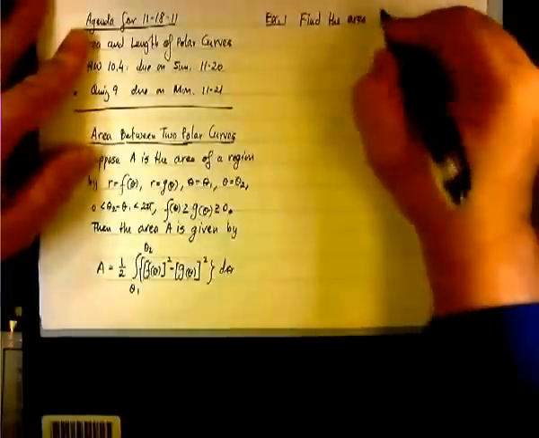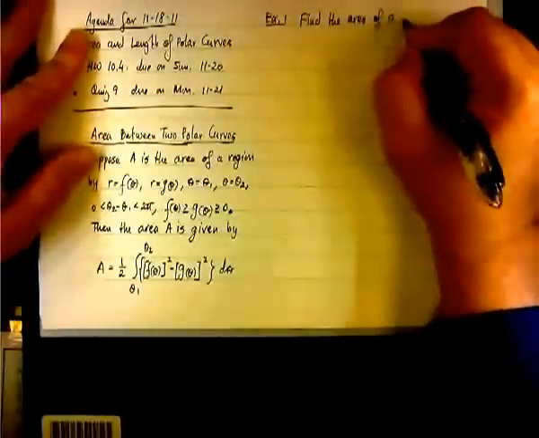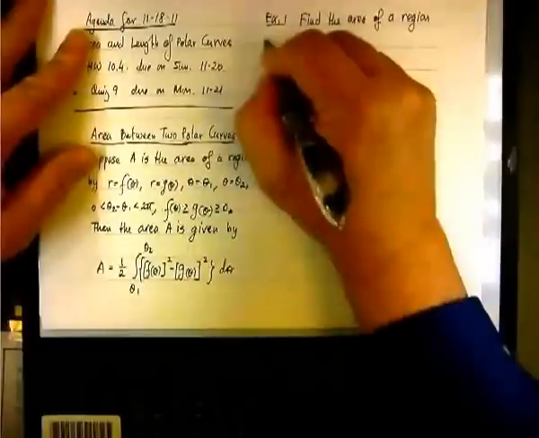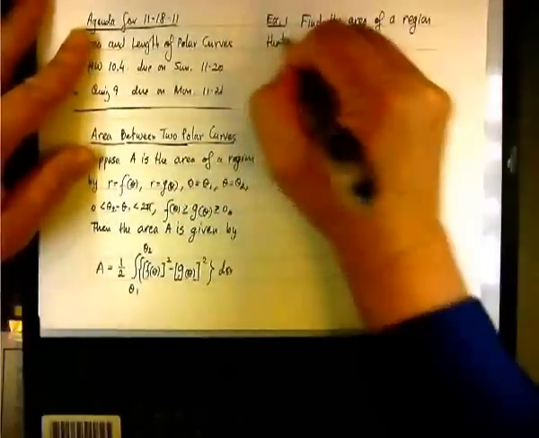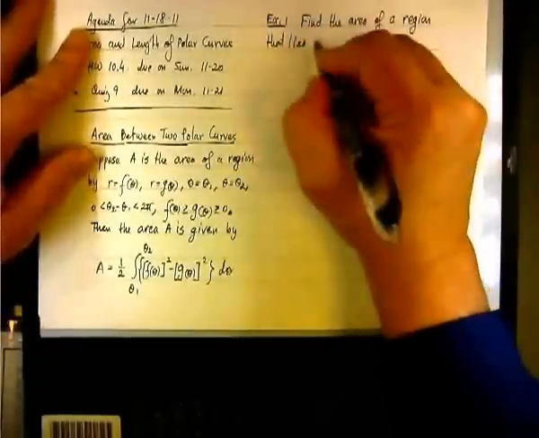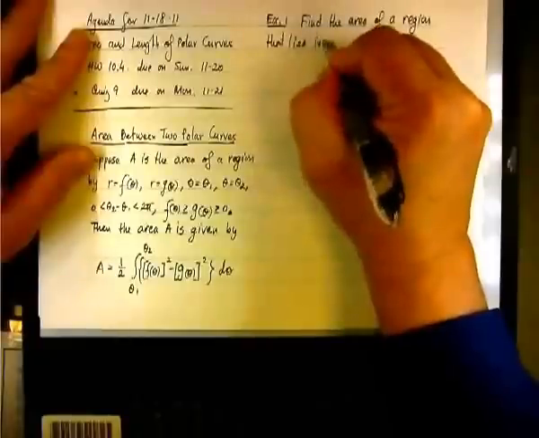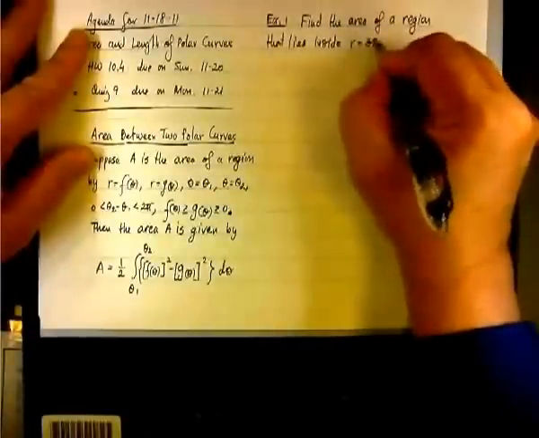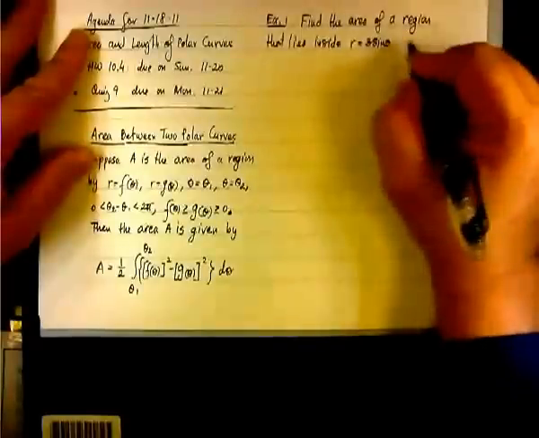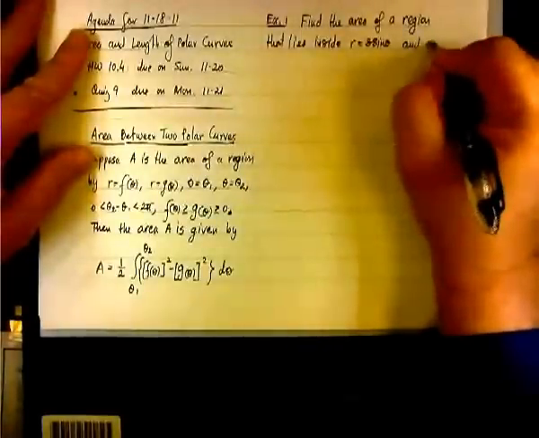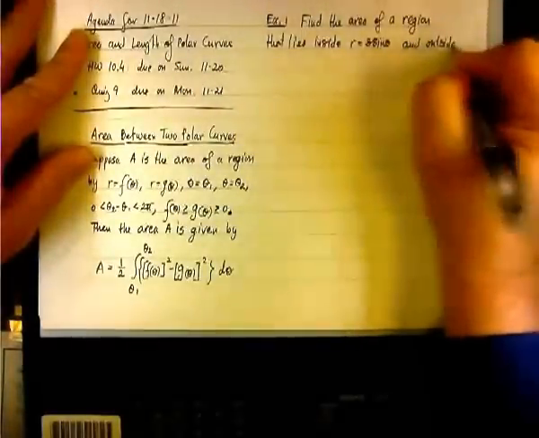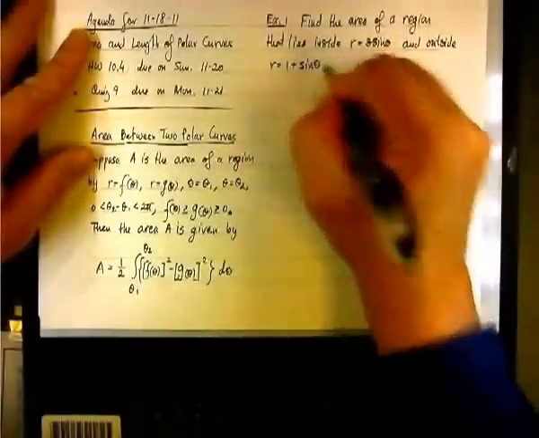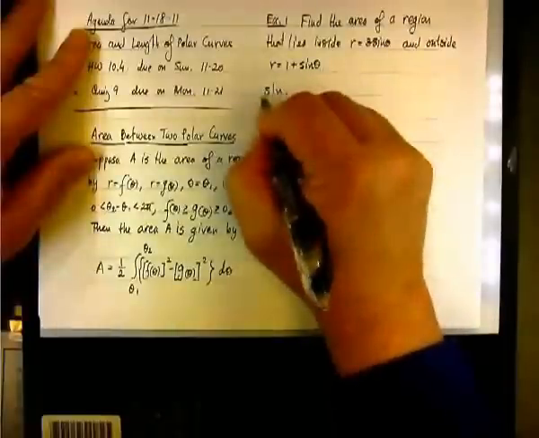Find the area of a region that lies inside the curve r equals 3 sine theta, and outside the curve r equals 1 plus sine theta.